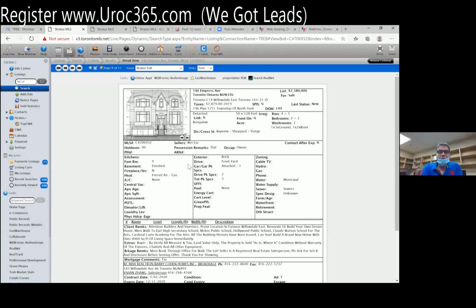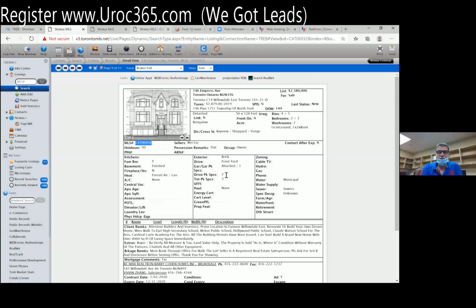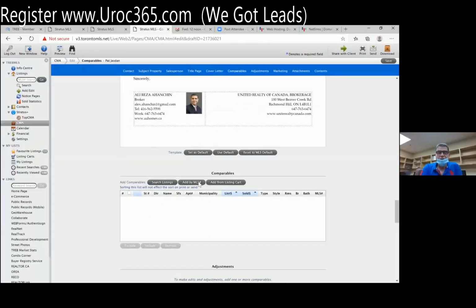Okay, I will copy this comparable, this one. Bring it here. This is a comparable. Add by MLS number, put it here. Okay, now we go to the next property. Next property was, what's that? 417 Empress Avenue.